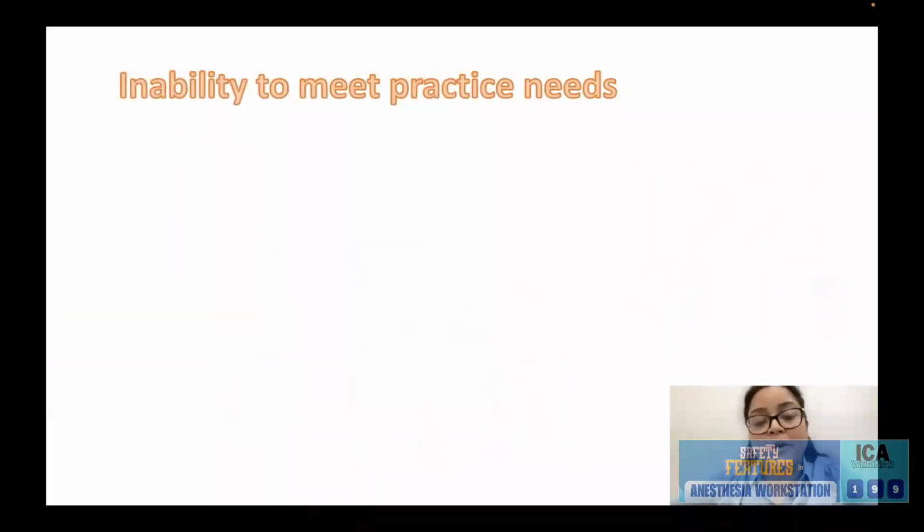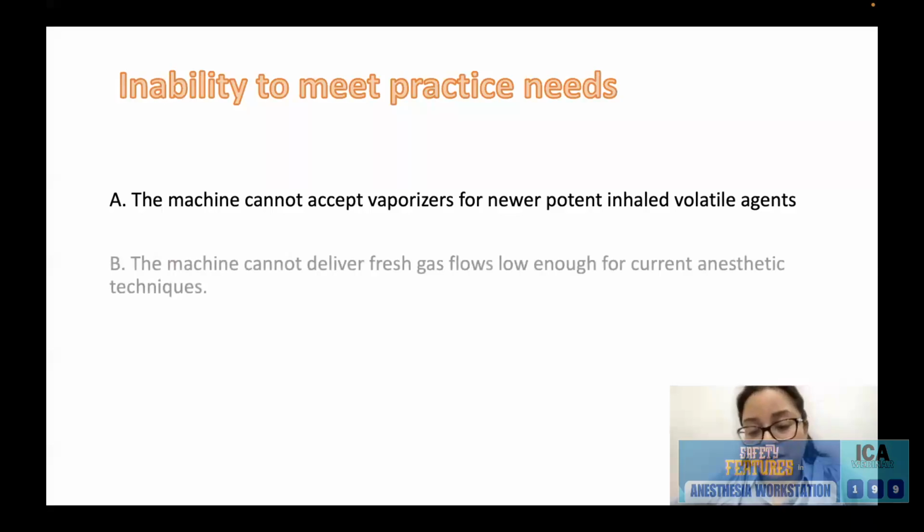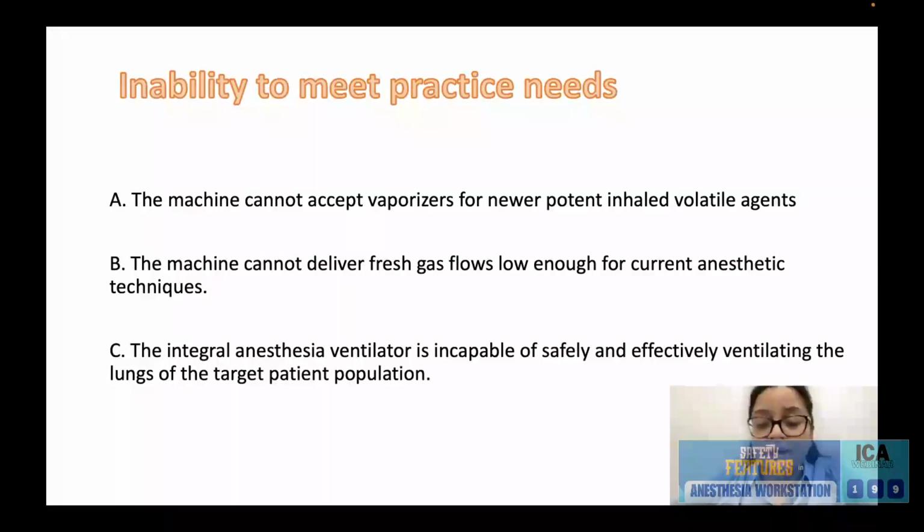Another point is that the machine may not be able to meet current practices. For example, the machine cannot accept a vaporizer for newer inhaled volatile anesthetics, or the machine cannot deliver fresh gas flow low enough for current practices, like we cannot practice low flow anesthesia through that particular anesthesia workstation, or the integrated anesthesia ventilator is not capable of safely and effectively ventilating the lungs of a target population, like the pediatric population.